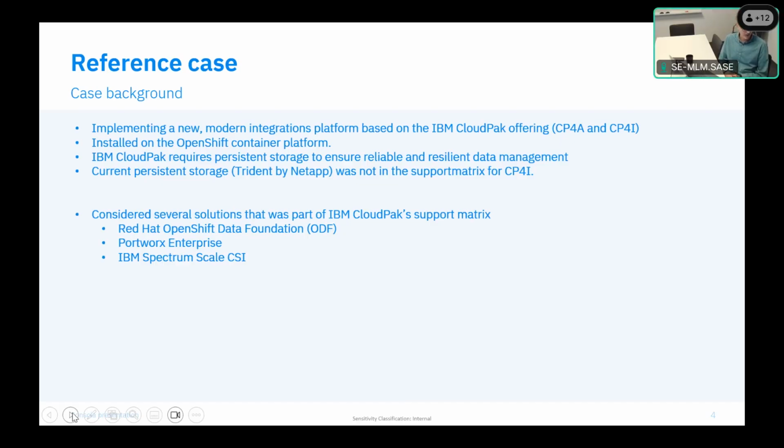Red Hat OpenShift Data Foundation, or ODF for short, Portworx Enterprise, and IBM Spectrum were the ones standing out in the support matrix. They quite quickly moved on from and left IBM Spectrum, because before they implemented the Trident solution, they actually used IBM Spectrum, and due to some support complexity that they experienced in the past, they decided to proceed with Portworx and Red Hat in a POC stage, if you will.